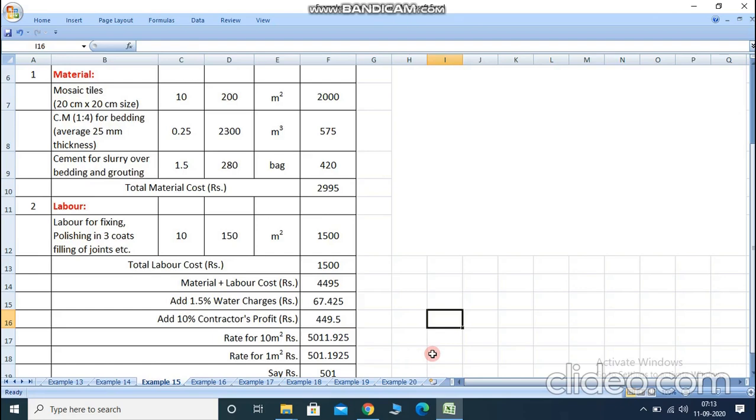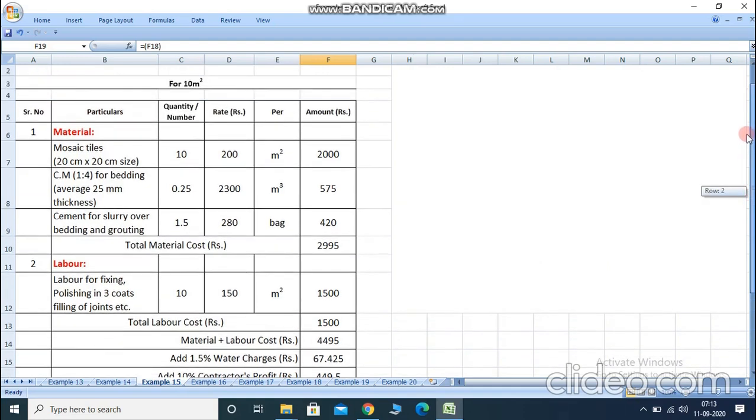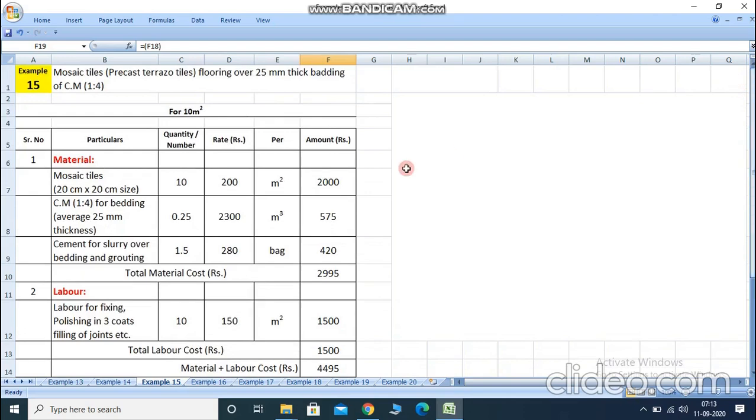So we got the answer for a 1 meter square area. Now this value is in decimals, so the rounded figure is 501 per meter square rate for mosaic tile flooring over a 25 mm thick bedding of cement mortar 1:4.